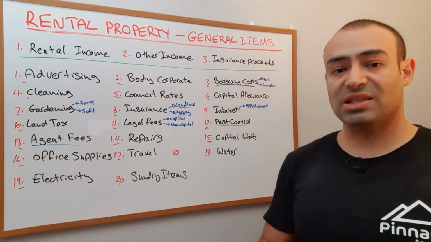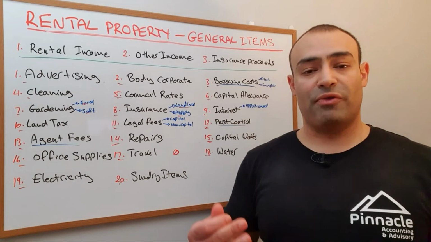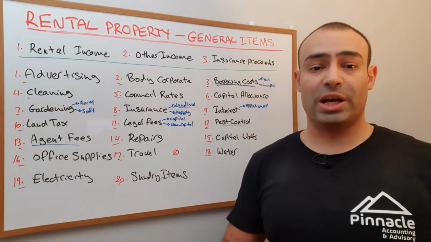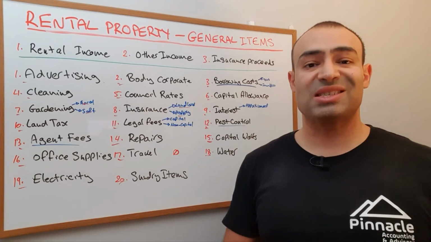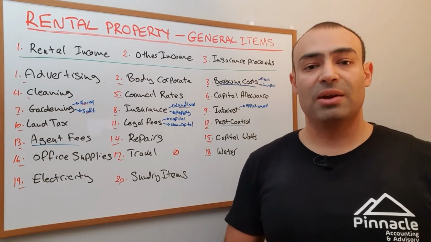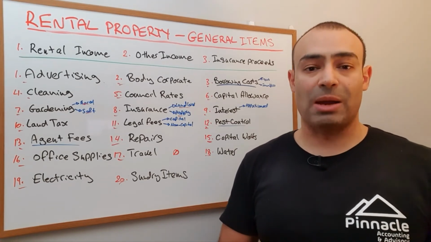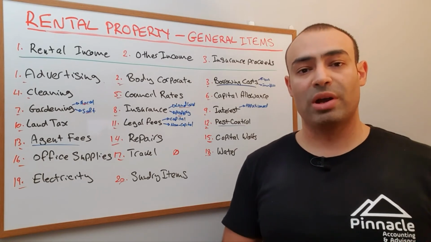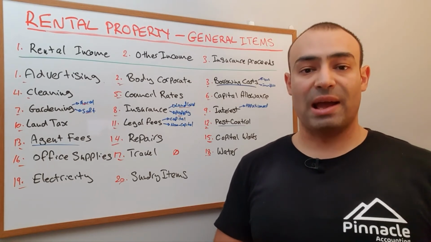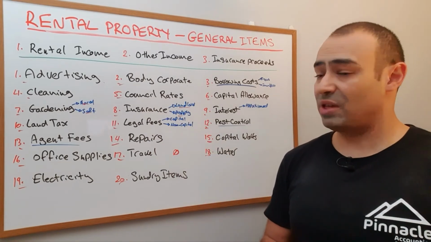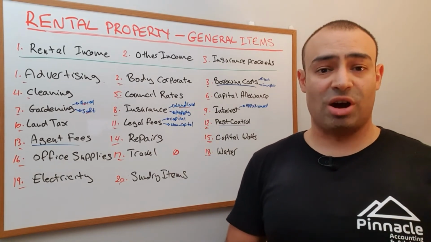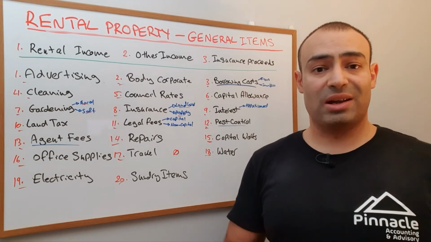The last one is sundry items, and if you are an individual renting out your property, a sundry expense might be something like GST that's stated on the end of financial year statement provided by your managing agent. So I hope these income and expense items were clear.